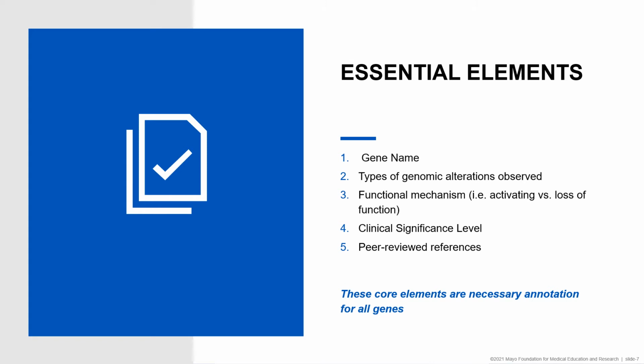And we decided on just a few, and those are listed on this slide, and include gene name, the type of genomic alterations observed, the functional mechanism of pathogenic variants within that gene, clinical significance level, which we'll talk about in a couple slides, and then also peer-reviewed references. So these are the core elements that are necessary annotation for all genes on the gene list.